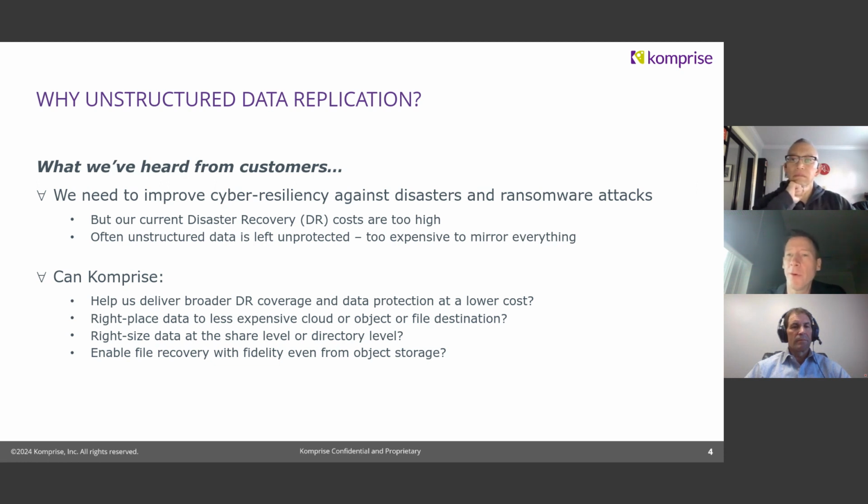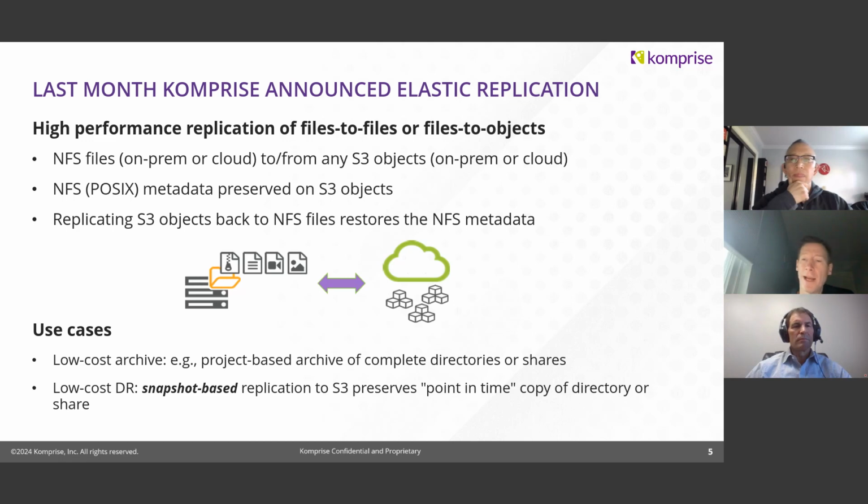And it's interesting, in the poll question, we didn't get a huge amount of folks responding, but total NAS mirroring seems to be the most common, and then some limited NAS mirroring as well. So that's what we want to talk about today. When it comes to your non-mission critical data, your unstructured data that might be left unprotected, can we help you come up with more cost-effective strategies? So let's go into what we've announced, and then Paul's going to preview some really interesting things that will show you where we're going next.